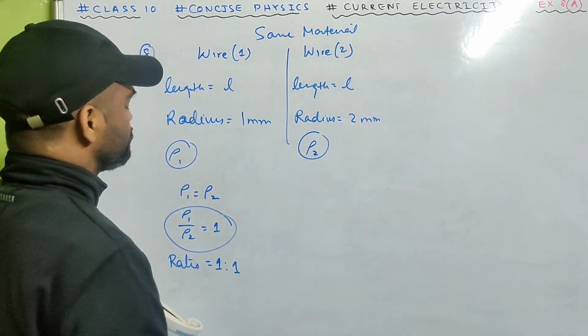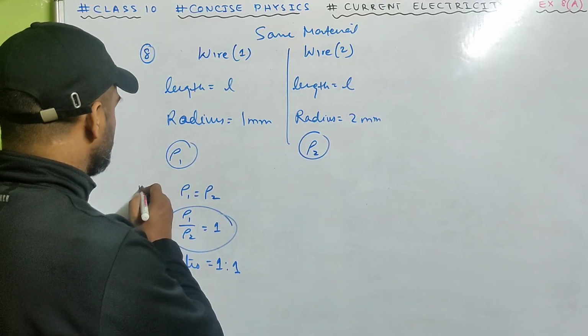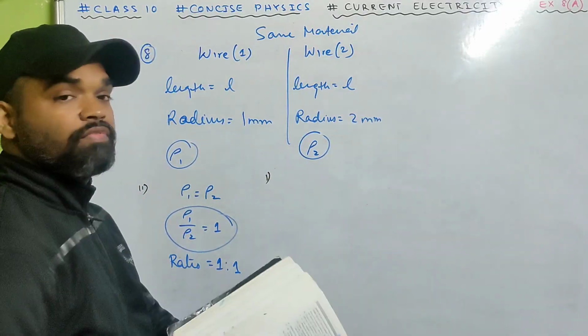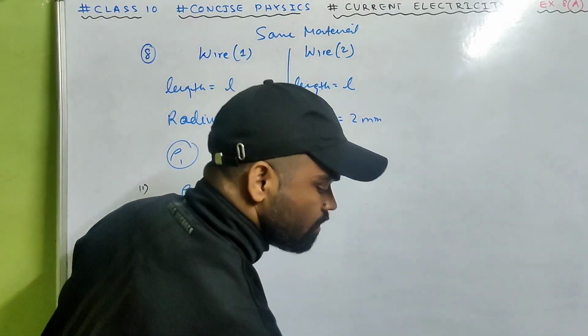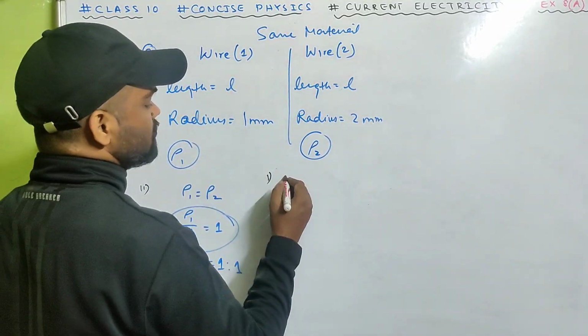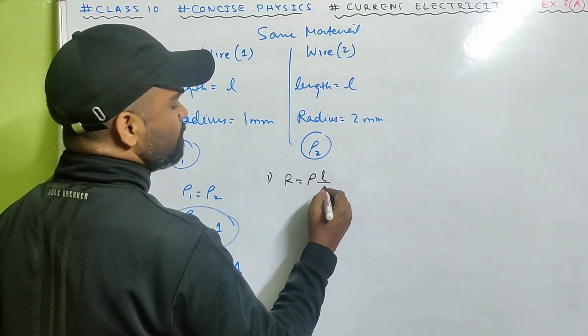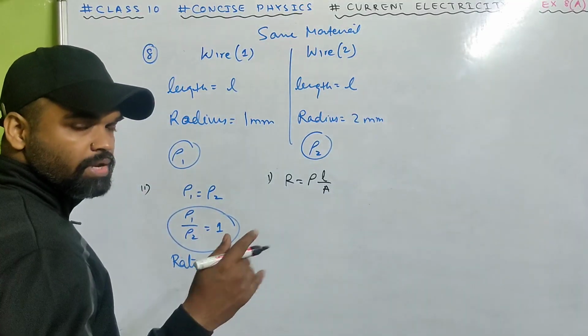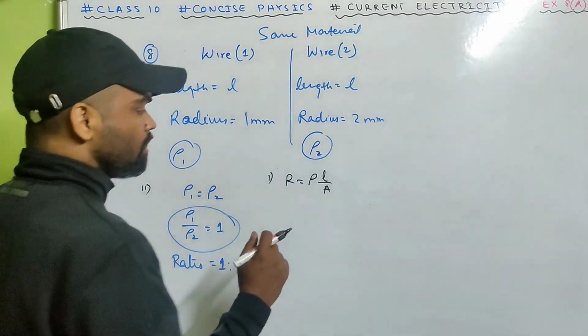Now they have asked, this was part 2 I believe. Part 1 they have asked the ratio of their resistance. Now we know resistance is rho L by A, where A is the cross-section area of the wire.